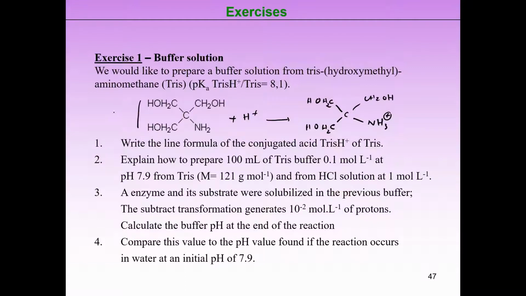So this molecule is Tris, and this molecule is Tris H+. You have to explain how to prepare 100 milliliters of this buffer at this concentration and at this pH.